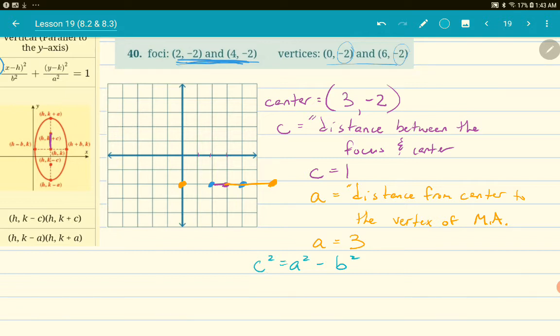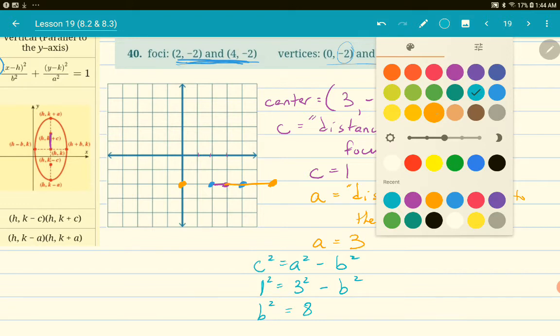So c is 1, a is 3, and b is what we need to find out. Solving for b, I'll add b squared to both sides to get b squared on the left, and then subtract 1 from both sides to get 3 squared, or 9, minus 1 is 8. So b squared equals 8.